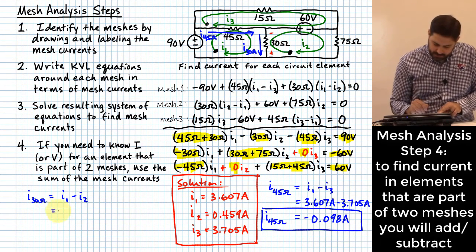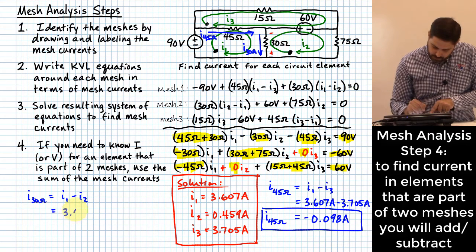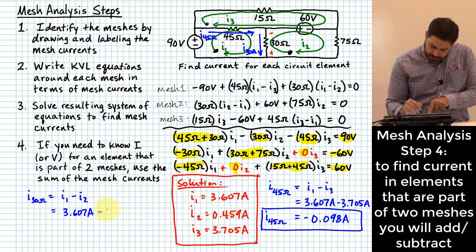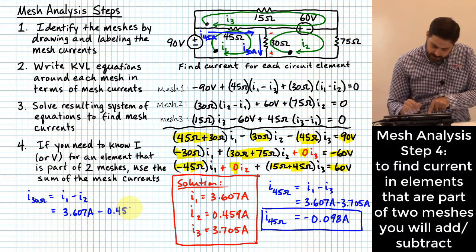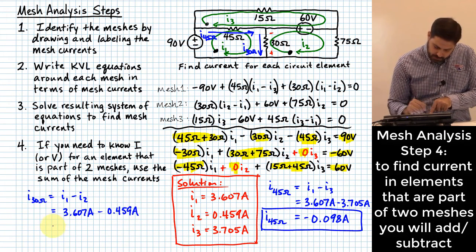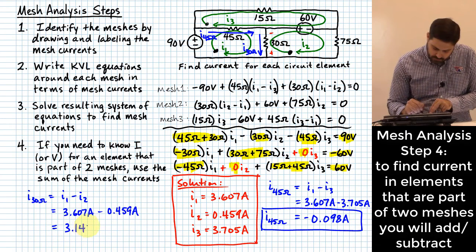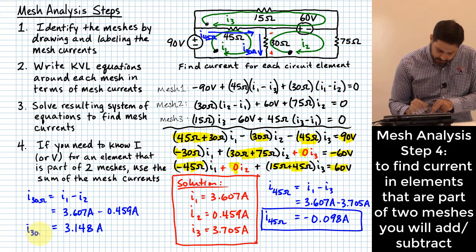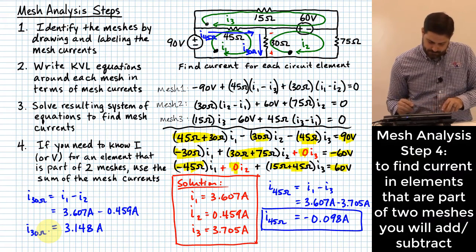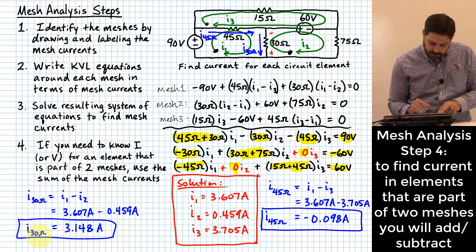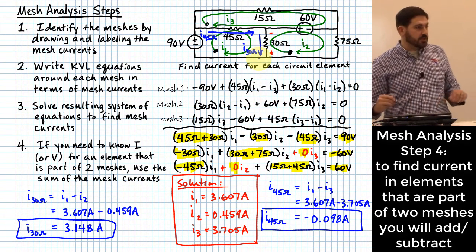Okay, what's that? 3.607 amps minus 0.459 amps. And so what is this? Okay, positive, right? What does that mean? That means the arrow I showed, that really is the direction that the current flows.